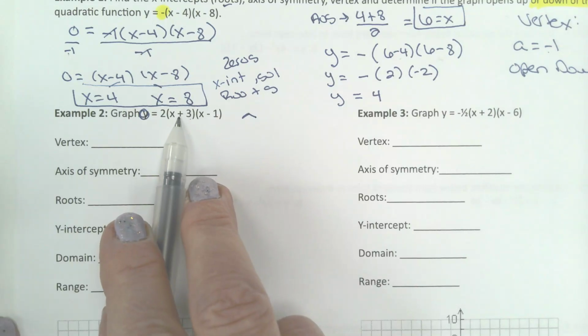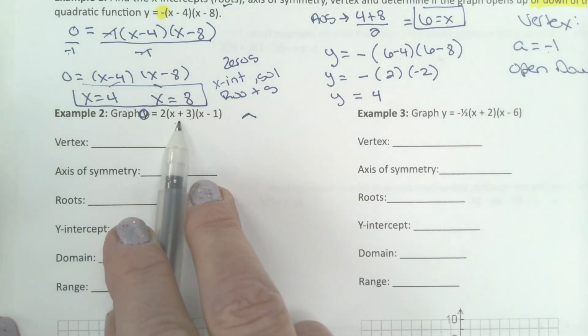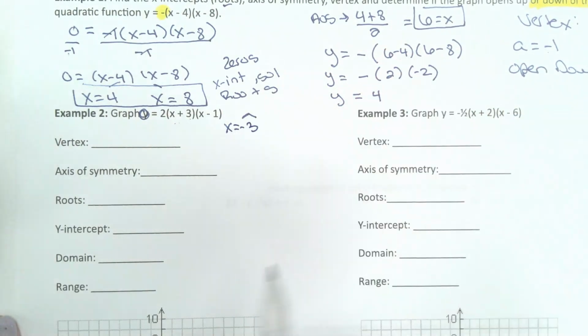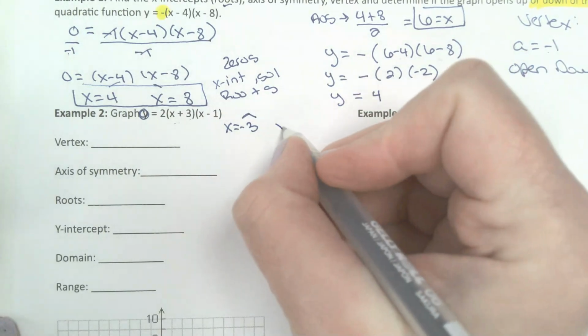So right here, if I have a parenthesis of x plus 3, I know that I have a solution at where? -3. And right there, when you see x minus 1, I have a solution where? Okay.